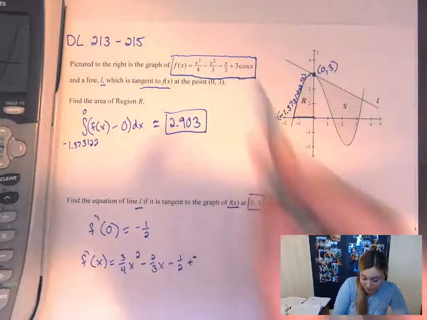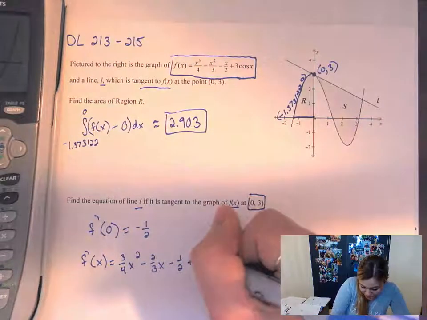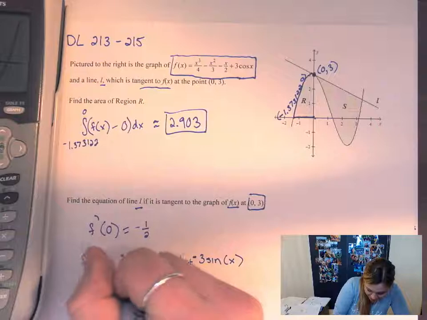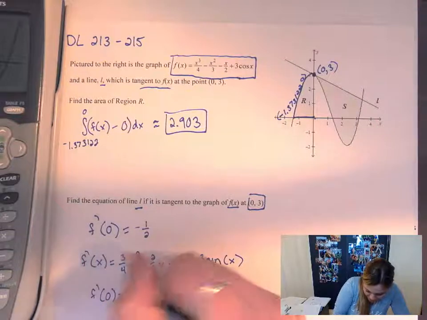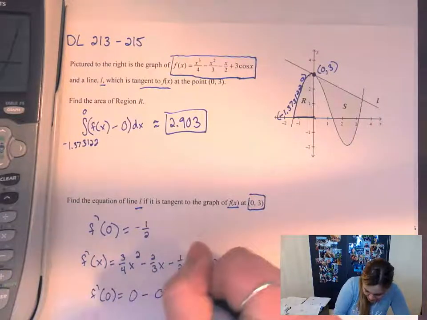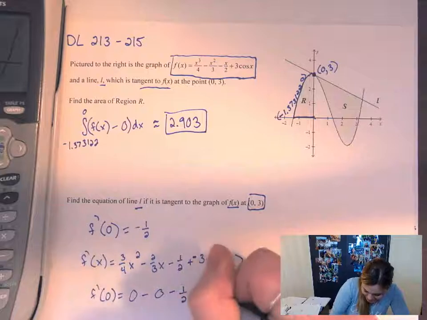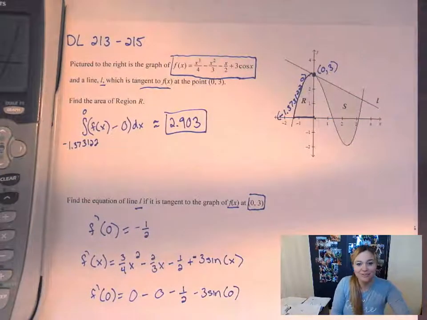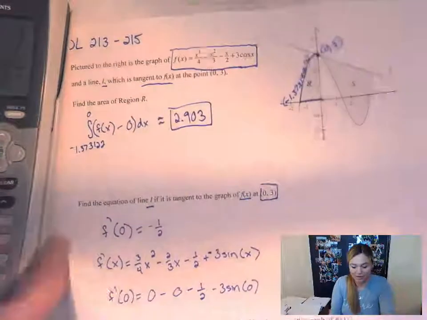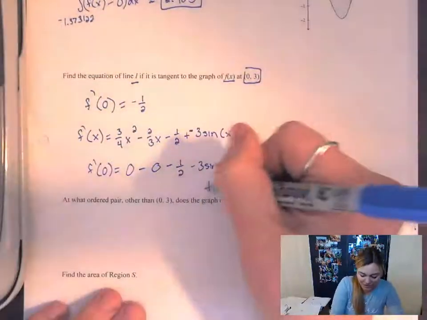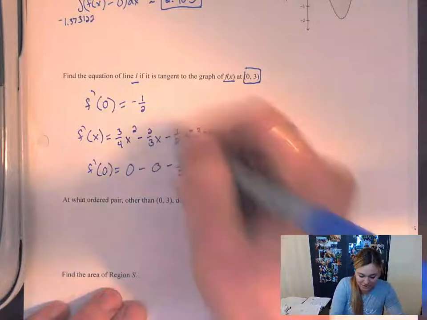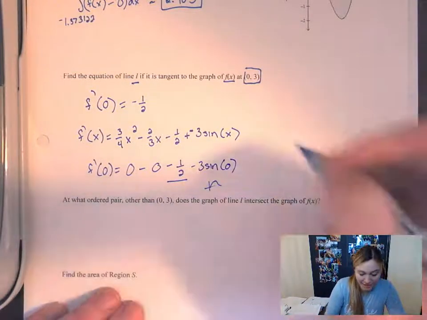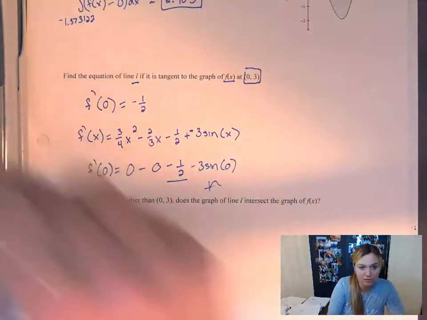The derivative of 3 cosine of x would be negative 3 sine of x. And if you substitute in 0, you get 0 minus 0 minus 1/2 minus 3 sine of 0. Sine of 0, sorry, I'm going off the page a little bit. Sine of 0, if I think about a sine curve, it's just 0. You get negative 1/2.